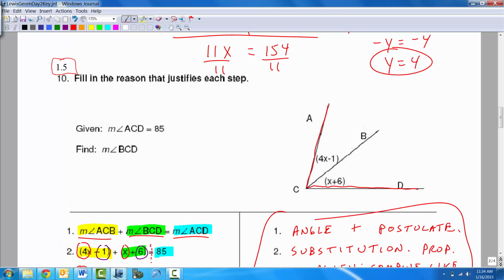Angle ACB, that's angle A to C to B, C being the vertex, added to angle B to C to D, should equal angle A to C to D. All right, and that makes sense. That is the exact angle addition postulate. That's what I mentioned before.